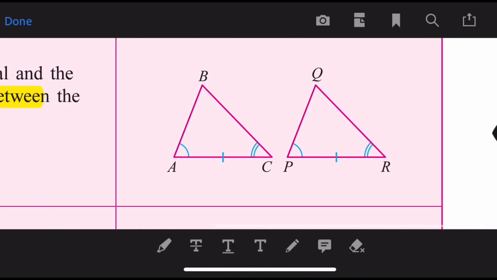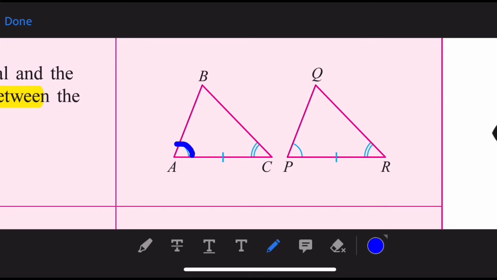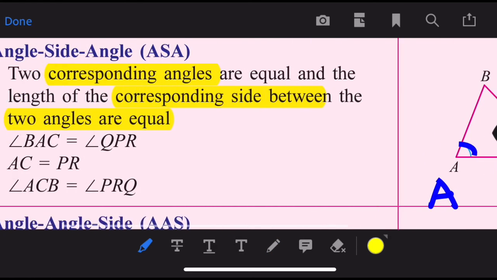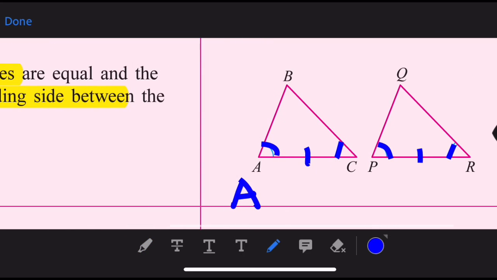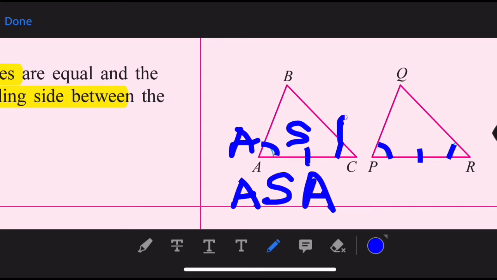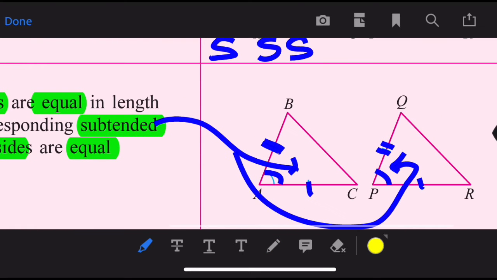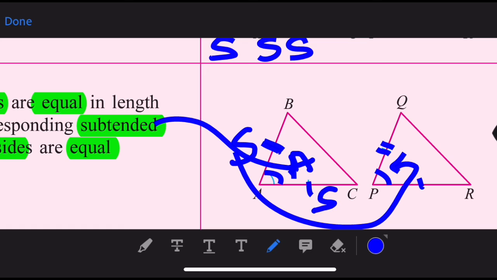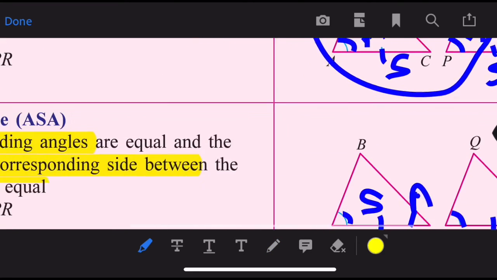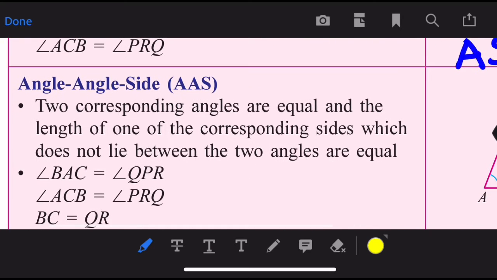Meaning that we have two angles and one side between them: angle here, side here, angle here. Just now we had side here, angle here, side here. So side, angle, side, SAS. So we also have ASA.